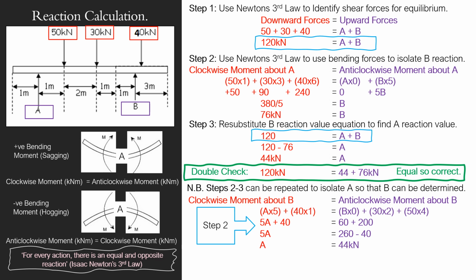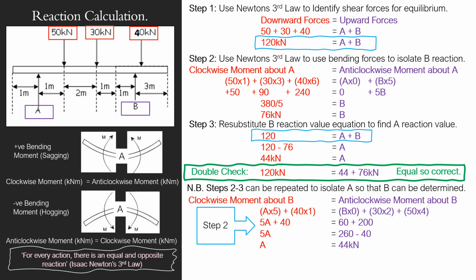If you held B and you push down to the right, it's going to cause it to go in a clockwise direction. And if you push up from the left, it's going to cause it to go in a clockwise direction. If you push down from the left, it's going to cause it to go anti-clockwise, and if you push up from the right, it's going to cause it to go anti-clockwise.